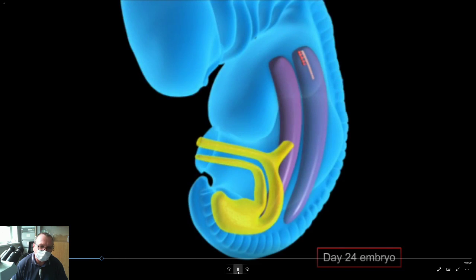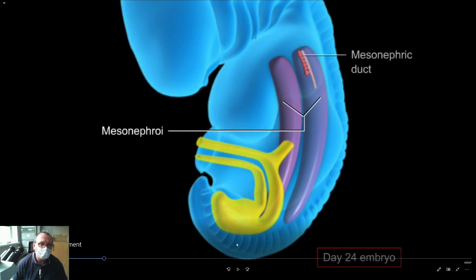part of the kidney, or next generation of the kidney, which is called mesonephros. Mesonephroi is plural, so we have two mesonephroi, one and second mesonephros. The pronephric duct is changing its name into mesonephric duct, but it's still the same duct, and the mesonephric duct wouldn't develop without the earlier formation of the pronephric duct.